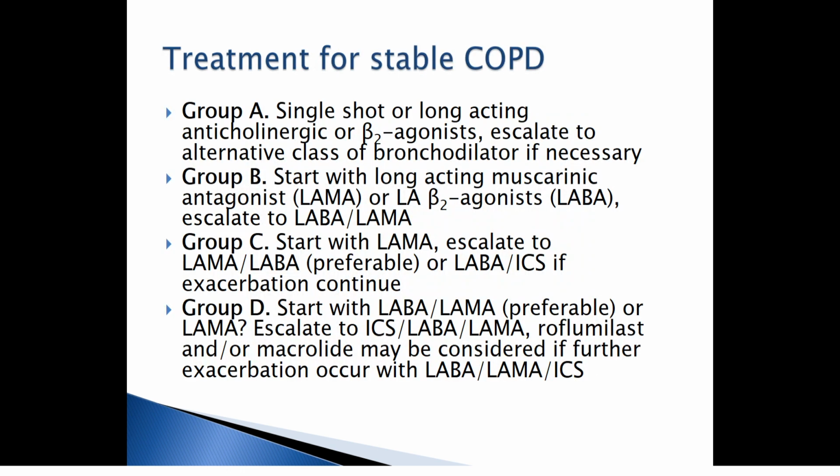Treatment for stable COPD depends on the group, which I told you: A, B, C, and D. In group A, low symptom severity, low exacerbation risk, you have to use a single short or long-acting anticholinergic or beta-2 agonist. Escalate to an alternative class of bronchodilators if necessary.